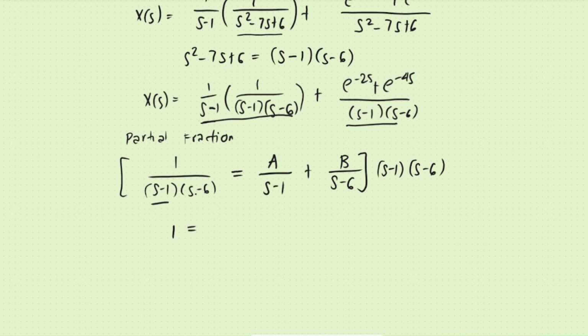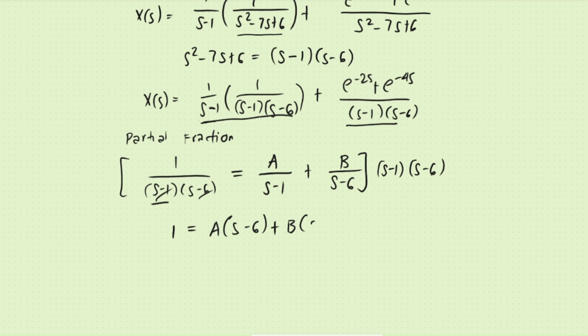Because 1 over s minus 1 times s minus 6 times s minus 1 times s minus 6, we just cancel these out. So that's just 1 on the left. A multiplied by the denominator cancels s minus 1, so we'd be left with A times s minus 6, plus B.